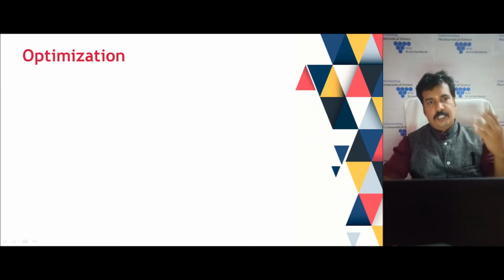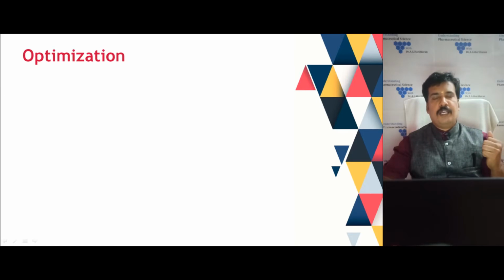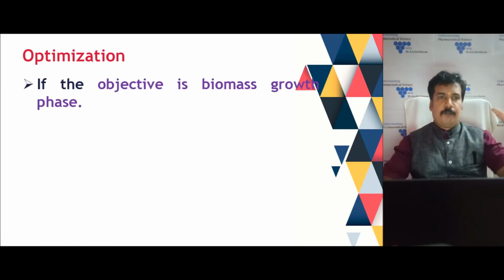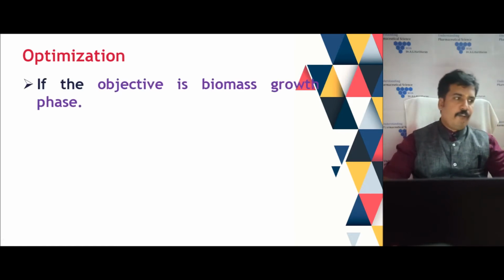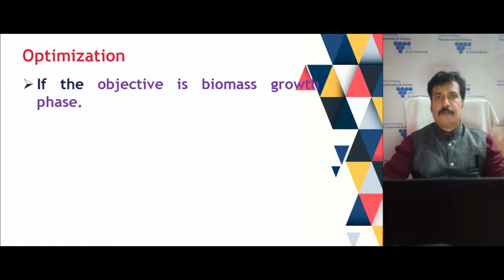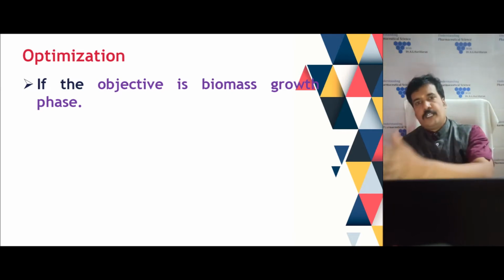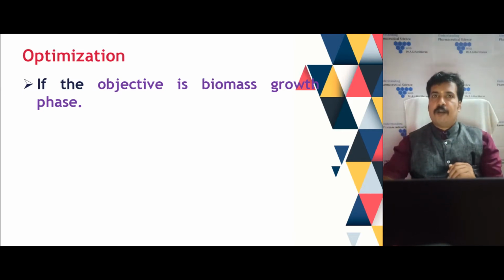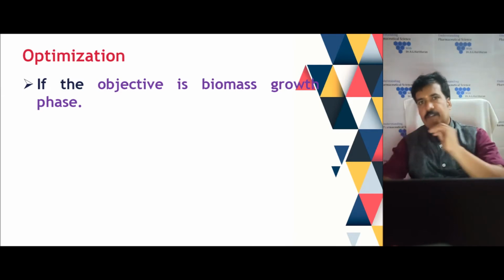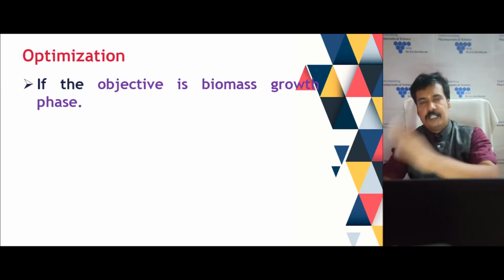The optimization of the media depends upon the objective. If our objective is biomass growth, then we need to optimize in a different manner. If our objective is product formation, then the optimization of components will differ a little.